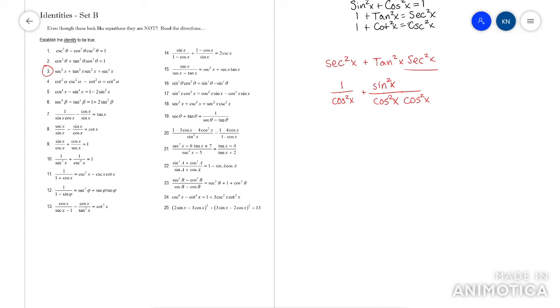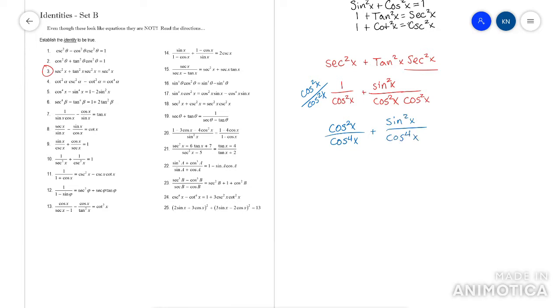So to make these have a common denominator, you're going to need to hit this one on the left with the cosine squared over cosine squared. Because what that's going to do is make it cosine squared x over cosine 4x. And then plus this other fraction, sine squared over cosine 4.